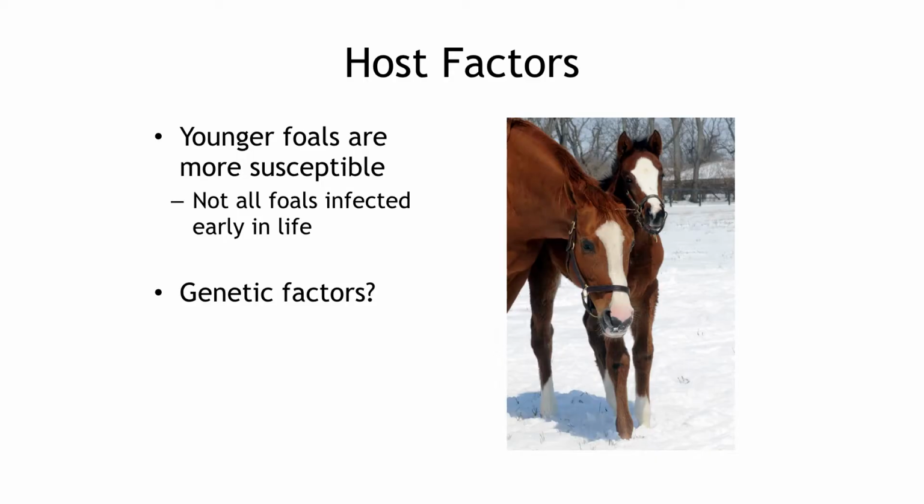Younger foals are more susceptible, so we think that most foals are infected very, very early in life, in the first 2 weeks. But it can happen in older foals, and again, that's likely due to this difference in the immune system and how it develops. There's a lot of research looking into whether we can identify specific genetic factors that likely play a role in that immune system, and therefore if they're going to get sick or not.